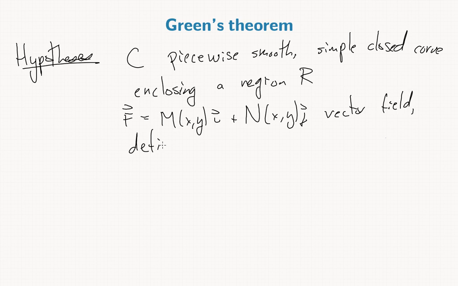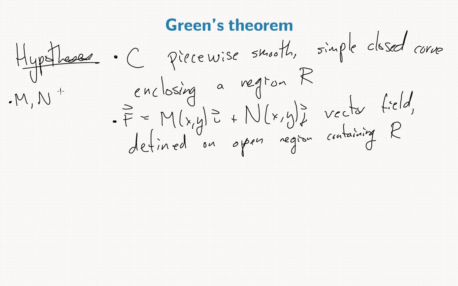It's defined on an open region containing this R. And we'll also assume that M and N have continuous first partial derivatives. Okay, so now Green's theorem takes two forms.